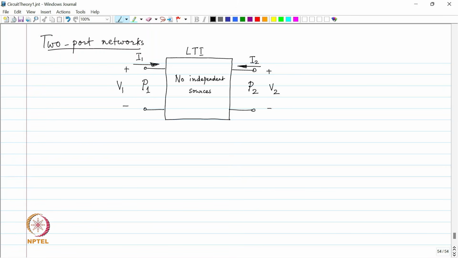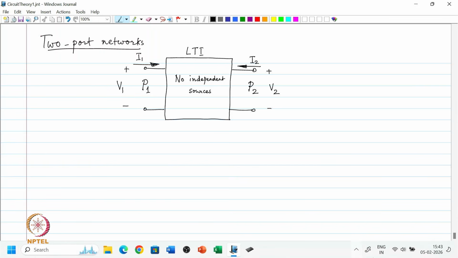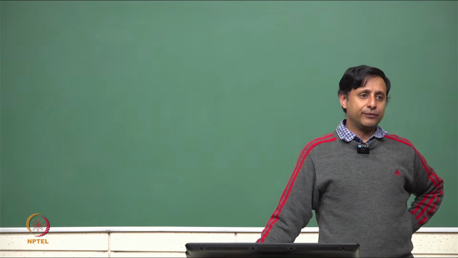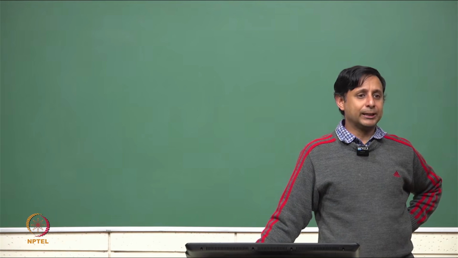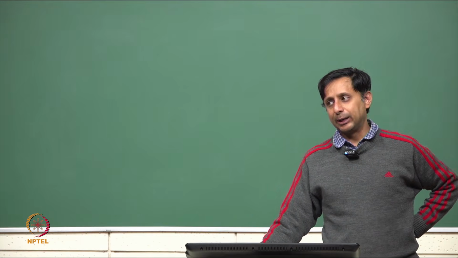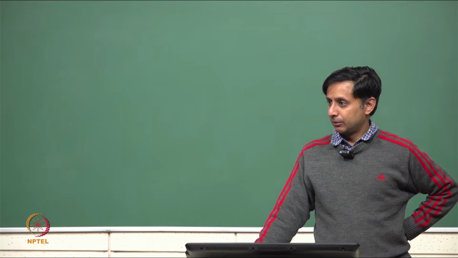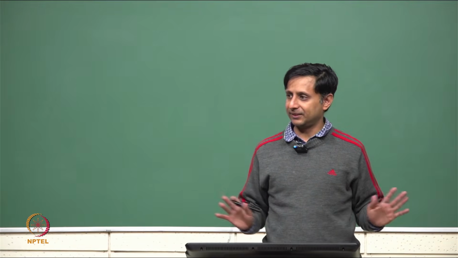I1 and I2 have to go into the network at the plus terminal. So, this is the basic two port network: no independent sources, LTI components inside, V1 at port 1, I1 going into the plus terminal at port 1, V2 at port 2, I2 going into the plus terminal at port 2. This is the basic setup.